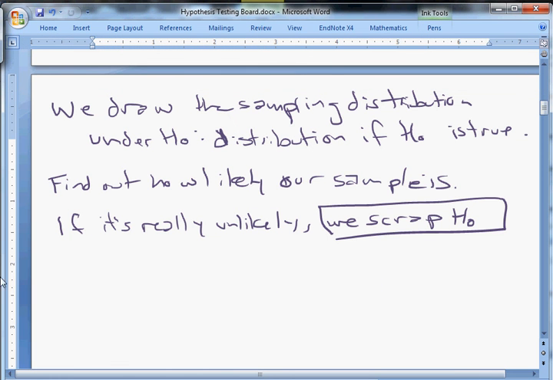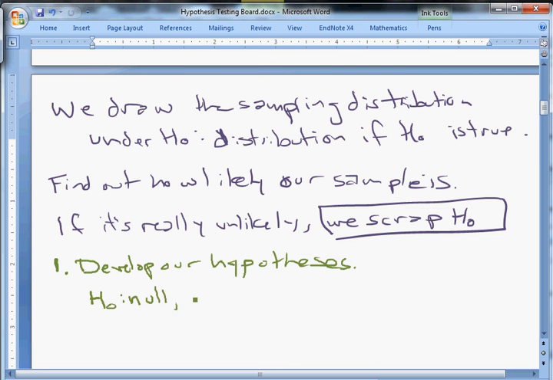Okay, so the steps of hypothesis testing. Let's break it down into steps. Got about 5 minutes left and I can lay it out for you. The first one is we're going to develop our hypotheses, which means coming up with a null, which is our maintained belief.